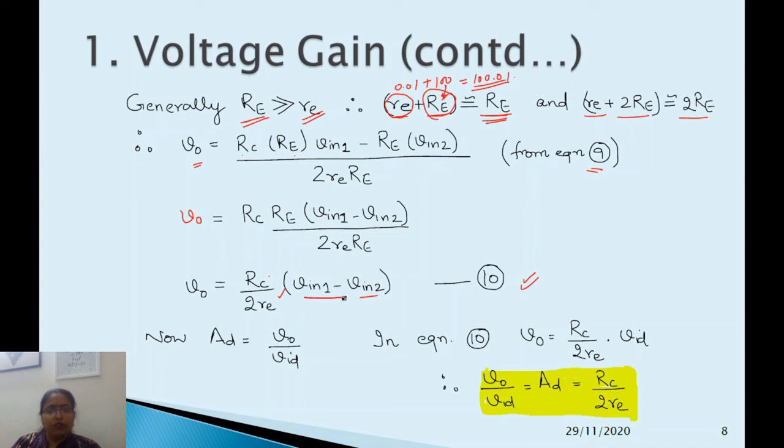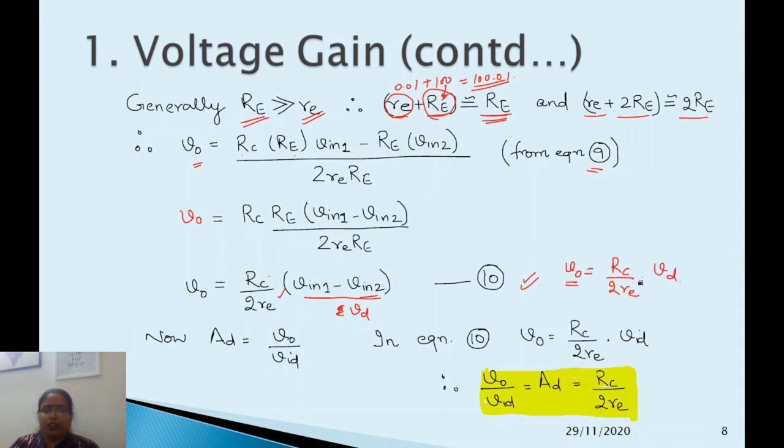Now what is V in 1 minus V in 2? That is the differential input, VD. So we can write V naught is equal to RC upon 2 RE into VD.